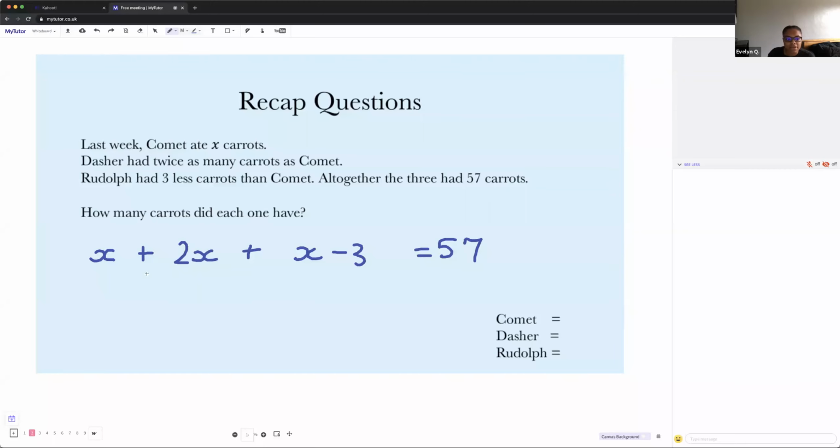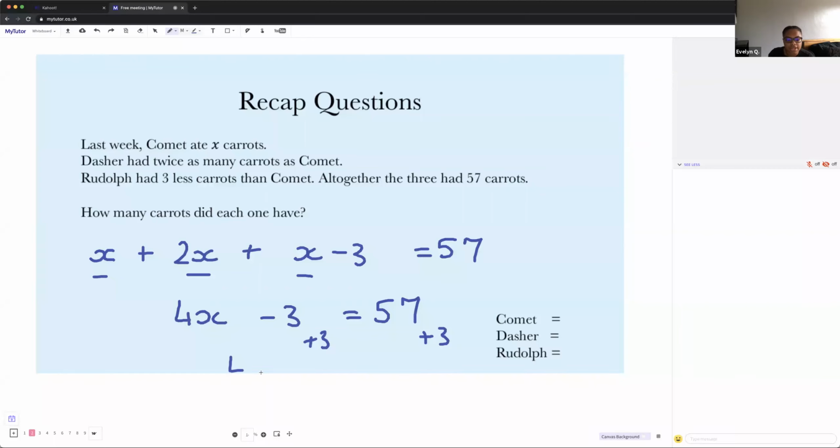When we simplify it, we've got 1x, we've got a 2x, and we've got another x. So we can collect those like terms. That will give us 4x. And then we've got our minus 3 equals 57. Now we've got an equation which looks just like some of the ones we did yesterday. So we can go ahead and solve it by first adding the 3 on both sides.